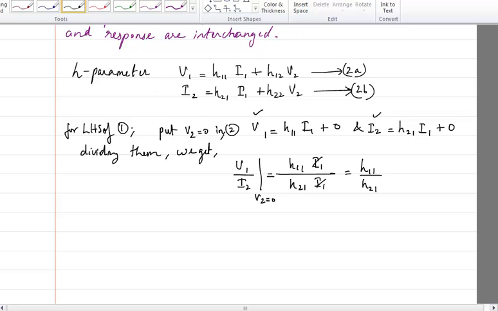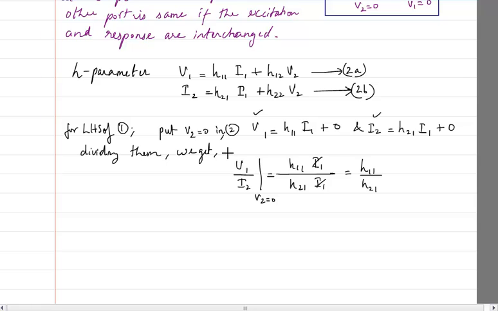So this is my left hand side equation. Let me put that in a box, and call it equation number 3.